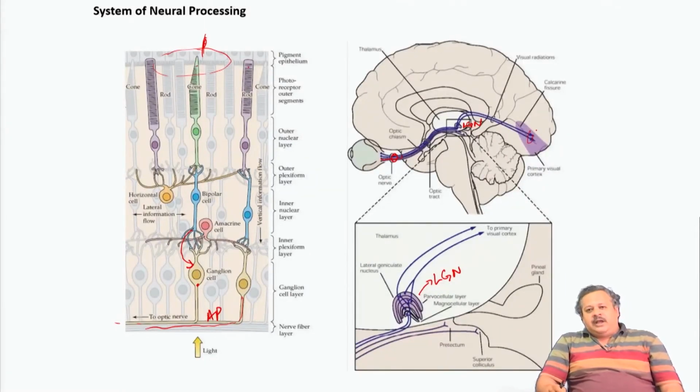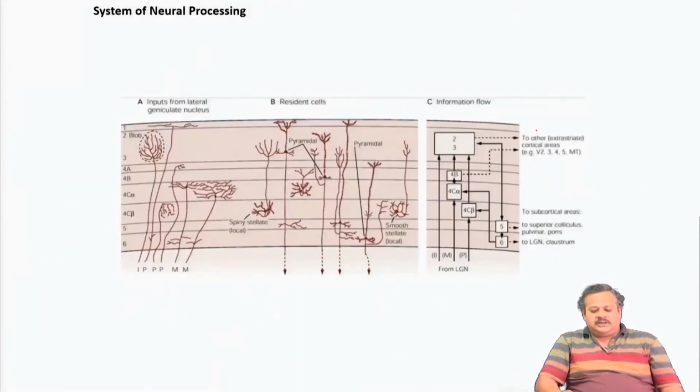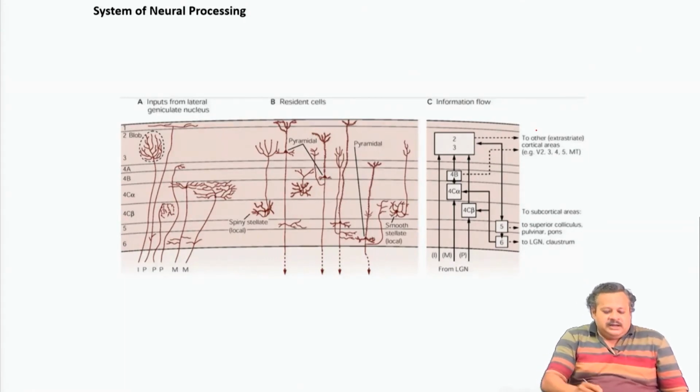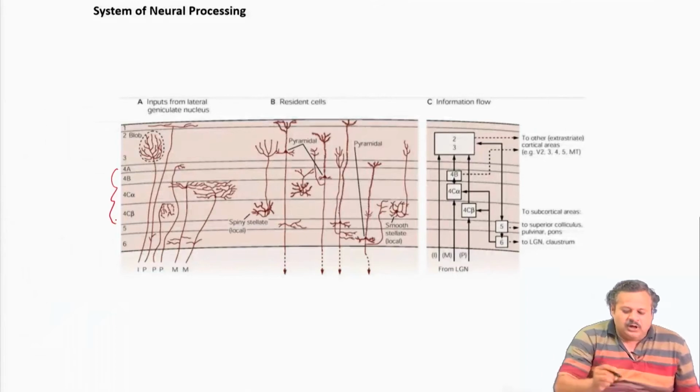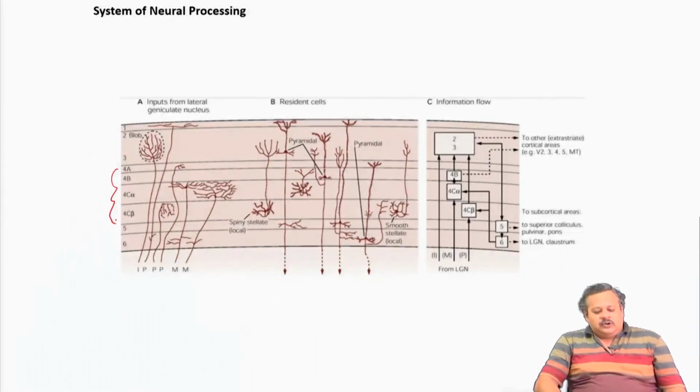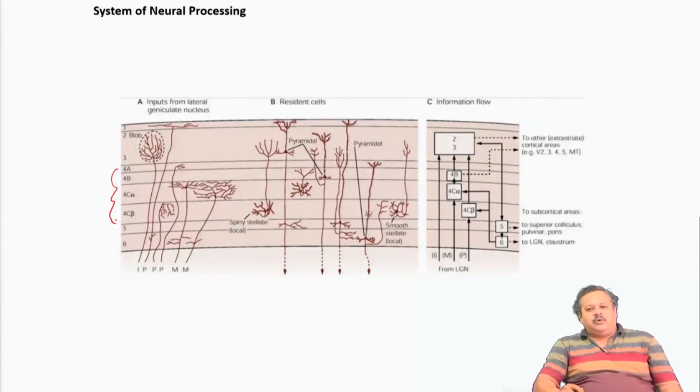And in the primary visual cortex, there are multiple different layers present, which we have discussed. If we look at the primary visual cortical layers, there are, as we have discussed, layers 1, 2, 3, 4, 5 and 6, and depending on the species, there are various sublayers within the layers. It is really in layer 4 that the thalamic inputs are coming in.